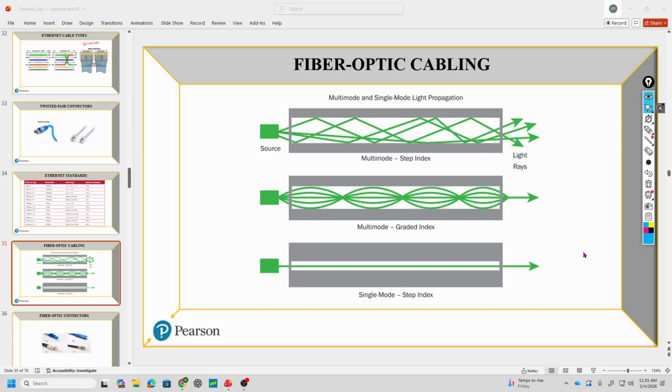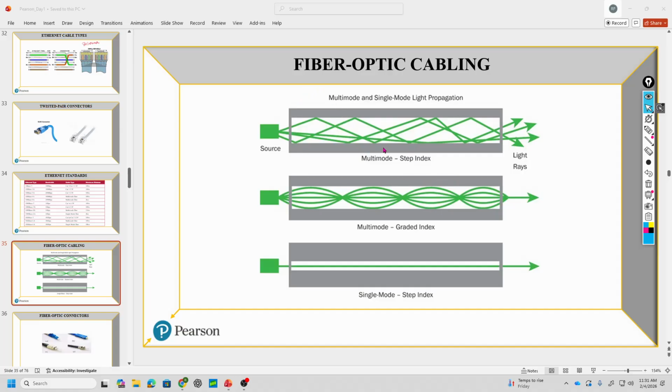Now, fiber optic cabling comes in two flavors, multi-mode and single mode. Multi-mode can send multiple sources of light down it at one time. And that can either be, like at the top here, what we call a step index, or like in the middle, what's called a graded index.